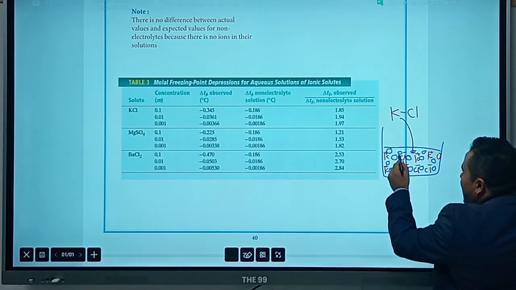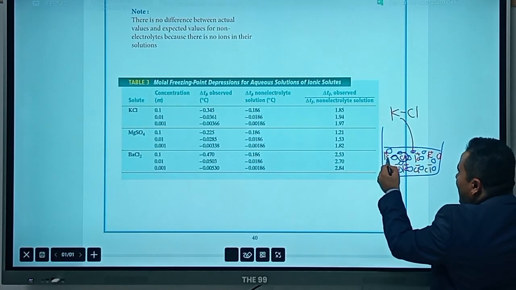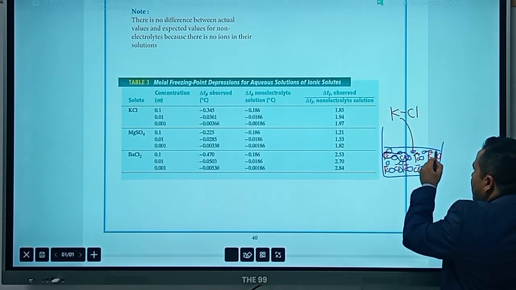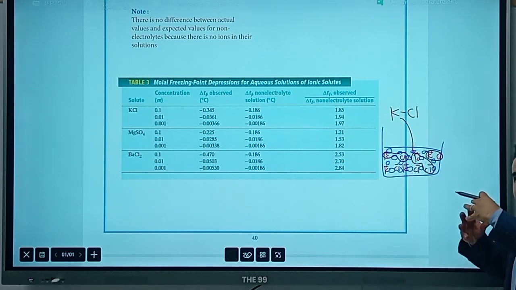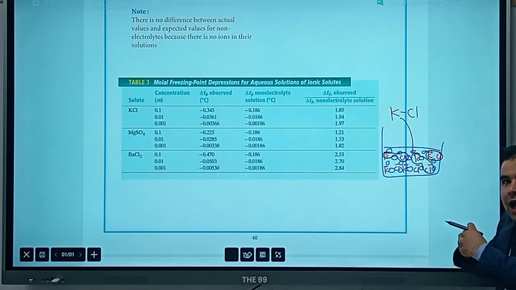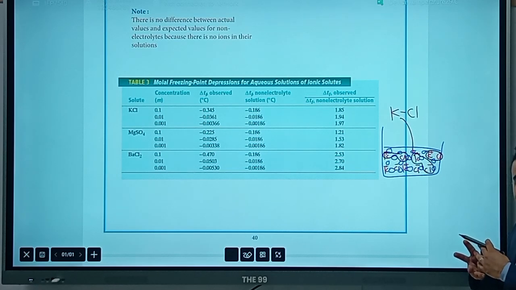And as the ions attract each other, they will combine and act as a cluster of particles which are non-dissociated or non-ionizing.